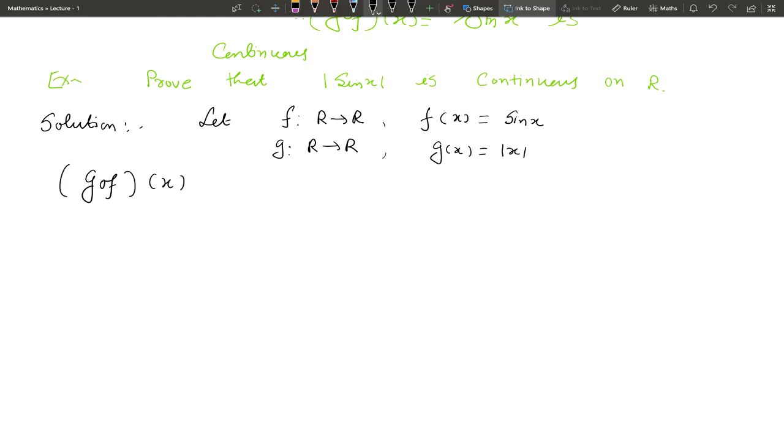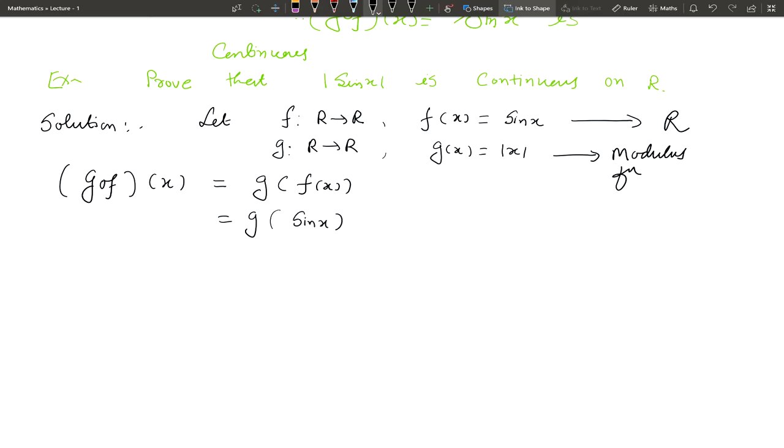First we note that sin is continuous on R. This is also continuous because it is a modulus function. Now let us evaluate this composite function. By definition, g of f of x, with f of x equal to sin x, and g of x equal to mod x, is mod of, in place of x we take sin x.